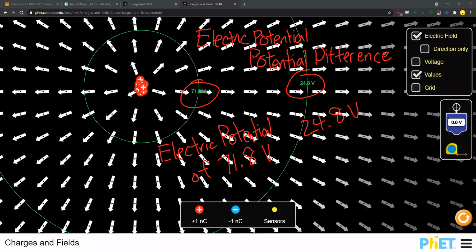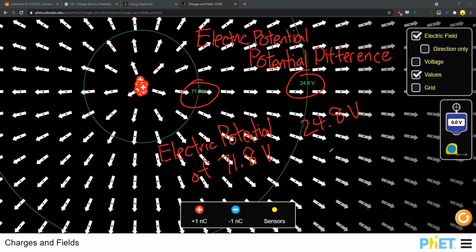I think it's like the difference between the closest circle minus the farthest circle. Yeah, that's it. It literally tells you in its name. So the potential difference is the difference between the electric potentials.